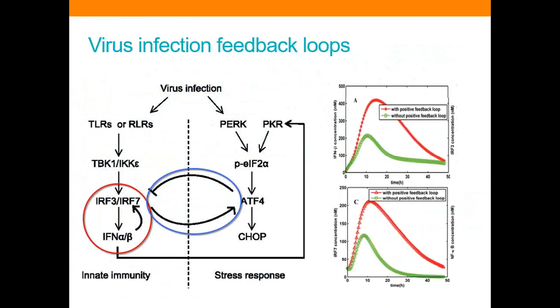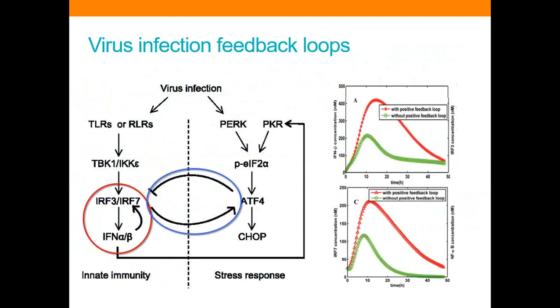As you can see, it kicks off a number of gene changes in this pathway that eventually result in an increase in interferon response factor 3, which then increases interferon alpha and beta.